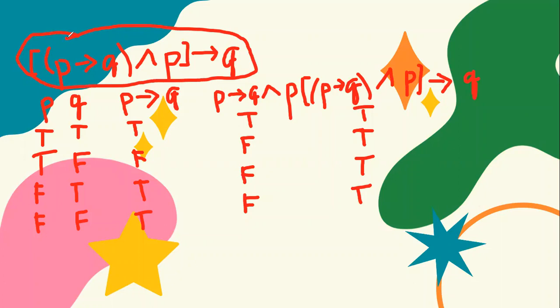So kung saan siya pumasok, halimbawa katulad nito, since we have established the tautology or the truthfulness of the propositions, makikita ninyo dun sa module na yung sa table ng tautologies, this is under the modus ponens law. Modus ponens.